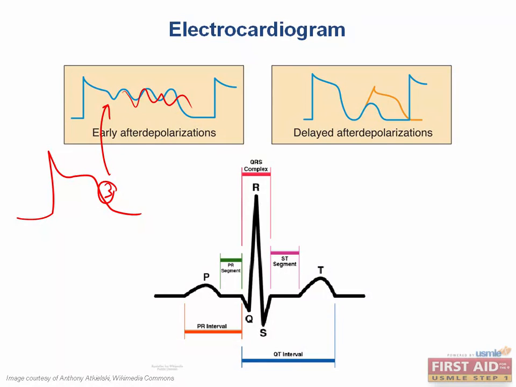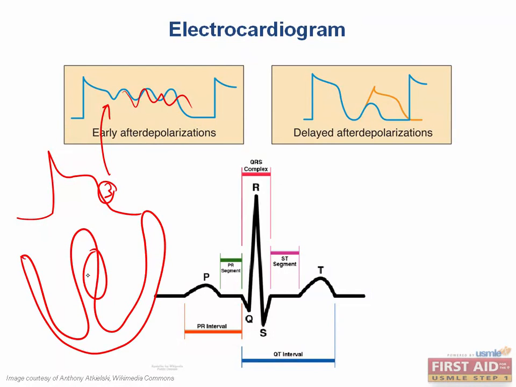So because I prolonged the QT interval with haloperidol, which blocks those potassium channels, therefore stretching out the repolarization phase, we now have some fast sodium channels and calcium channels ready to reopen and fire another impulse, while other parts of the myocardium are not going to respond at all because they're still inactivated. So that means we can have one segment of our ventricle ready to fire again, and then this segment of the ventricle not ready to fire again.